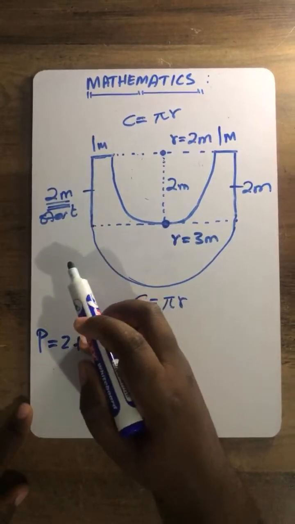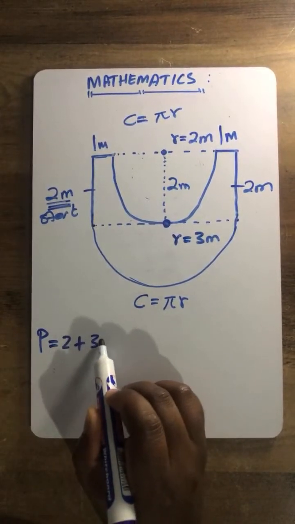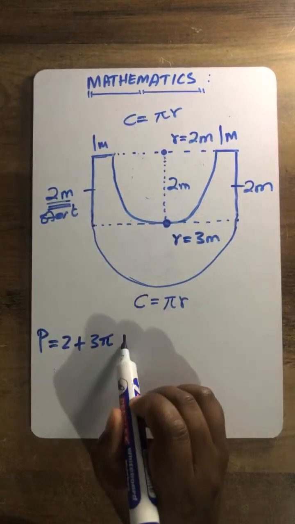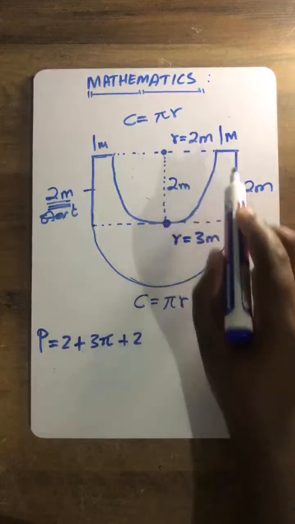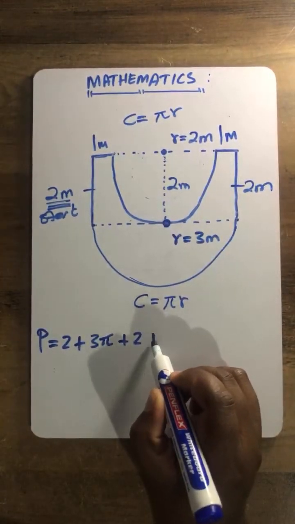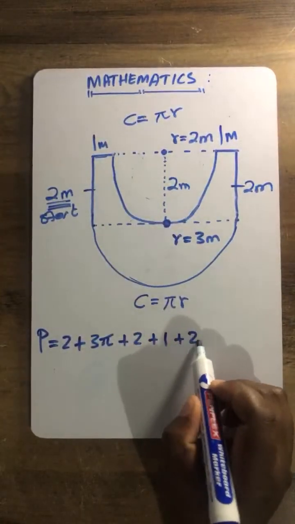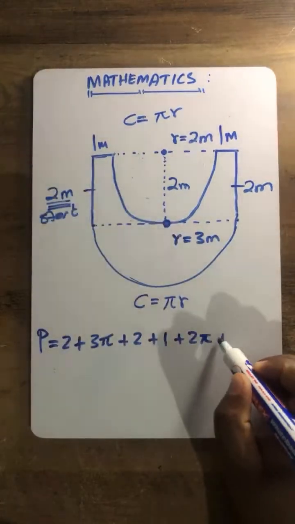It is 3 there. So I can just say 3 pi. This is the circumference for that. And then I add that 2 there, and then that 1 there, plus 1. And then I plus it with that 1 being a 2 pi. And then I add that 1 there.